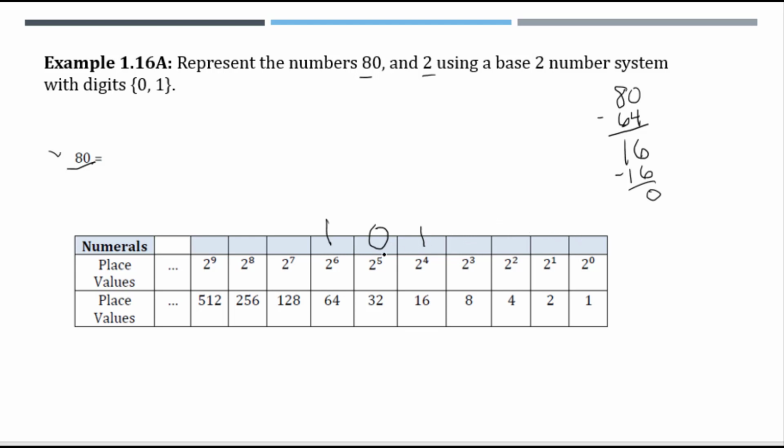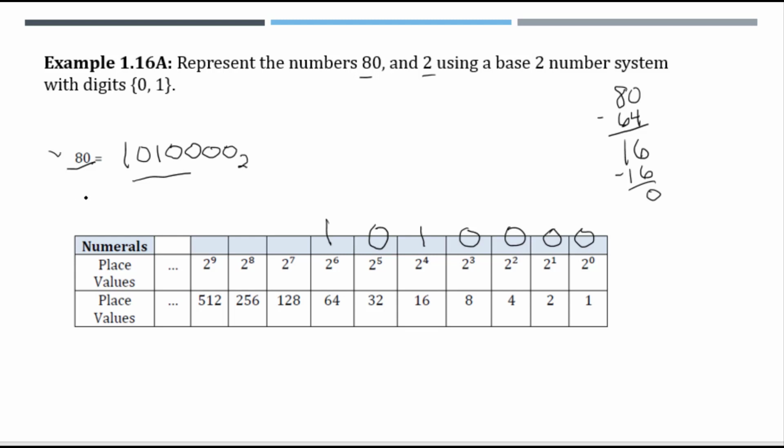If I don't, this is not going to be the same number, right? I've got to hold my place values. So 80 is 101 followed by 4 zeros. 1, 2, 3, 4. And I'm going to put a 2 there because this is a base 2 number. So our number 80 is equivalent to this number in base 2.